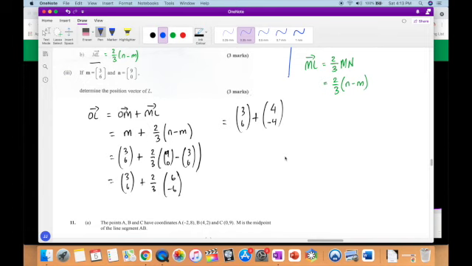Remember, if I have a vector 1, 1 and I'm multiplying by a scalar, you just take the 2 and multiply it by the x, and then you take the 2 and multiply it by the y. So that's all I did there. I took 2/3 and multiplied by 6 and the answer was 4. And I took 2/3 and multiplied by negative 6 and the y answer is negative 4.